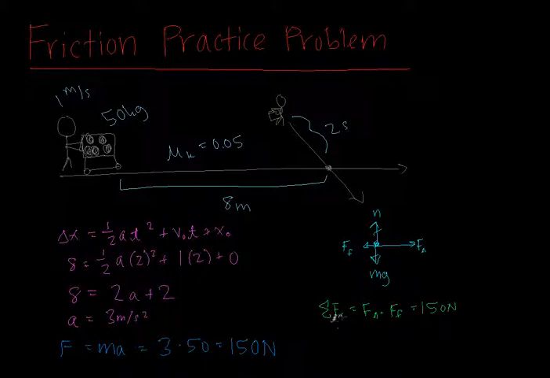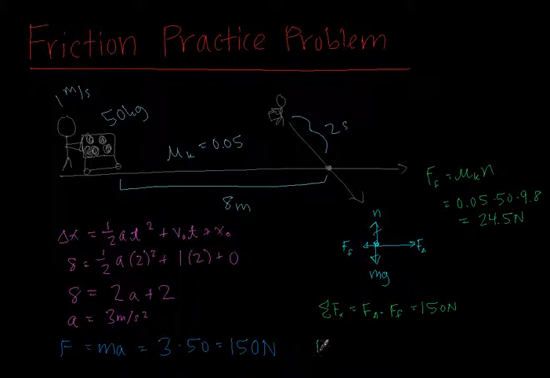So, if we look at what F of F equals, remember that F of friction equals mu k times N, and that equals 0.05 times the normal force. And since the normal force is equal to mg, we can just plug in mg, so 50 times 9.8. And that all equals 24.5 newtons.